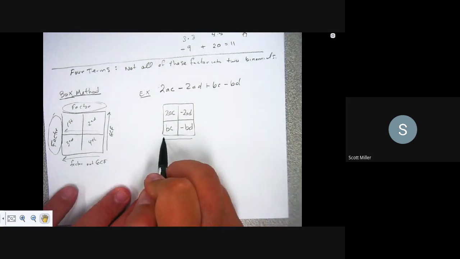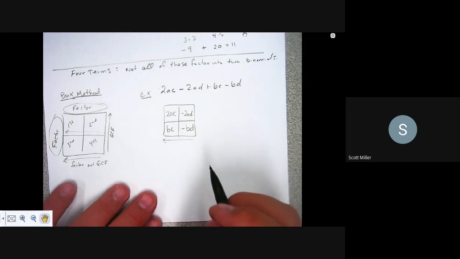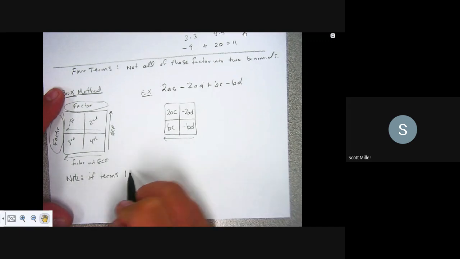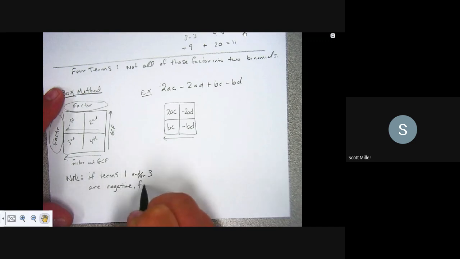We're going to do GCF this way. Note, if terms 1 and or 3 are negative, factor out a negative. I don't have that in this case.